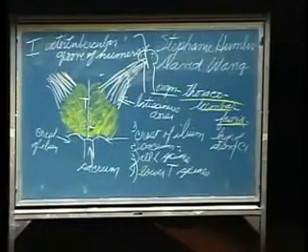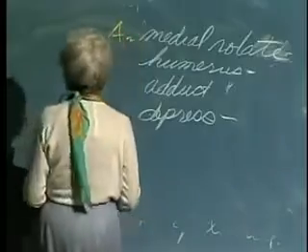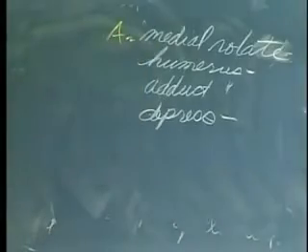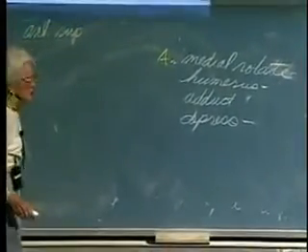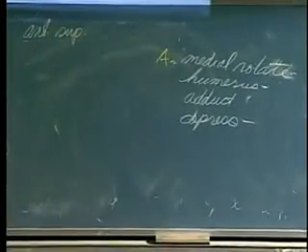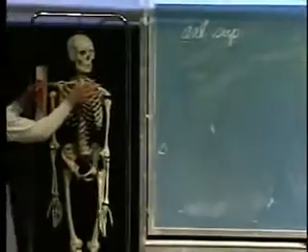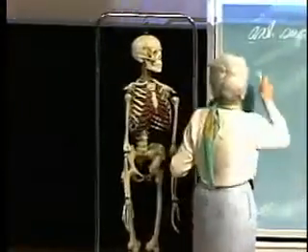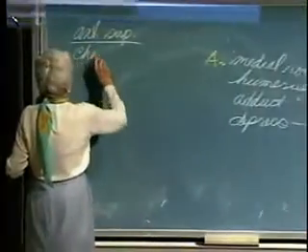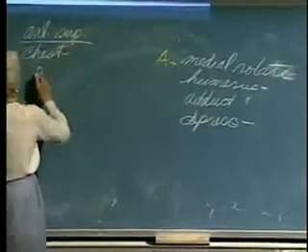All right, what's the next muscle? Let's take an anterior muscle, anterior superior. What's the anterior superior muscle? Pectoralis major, the chest muscle.